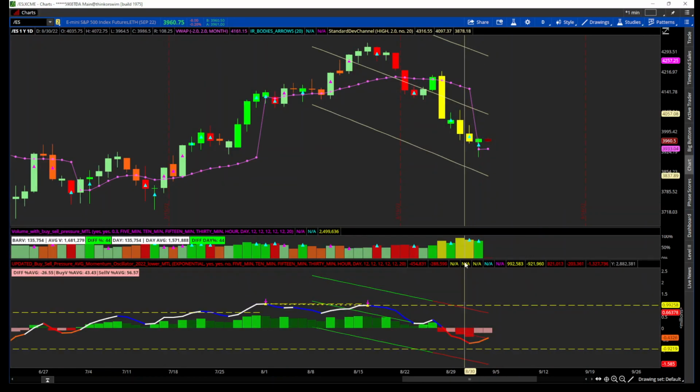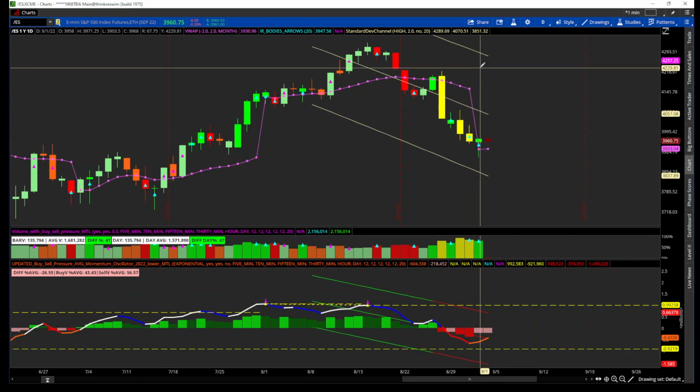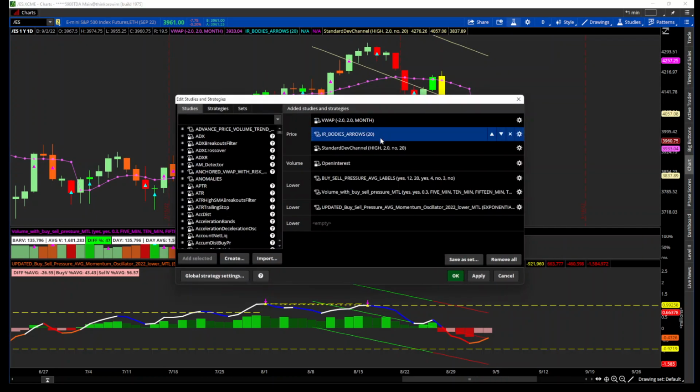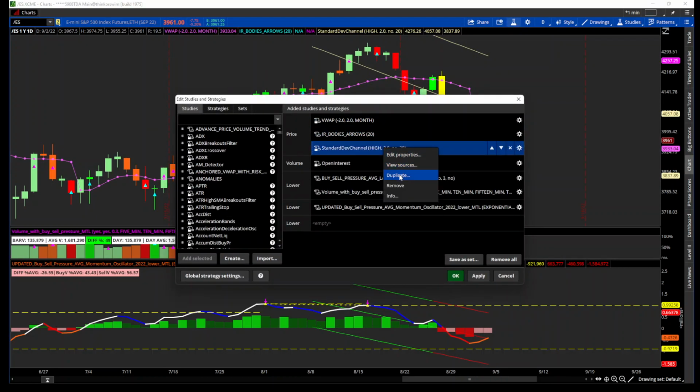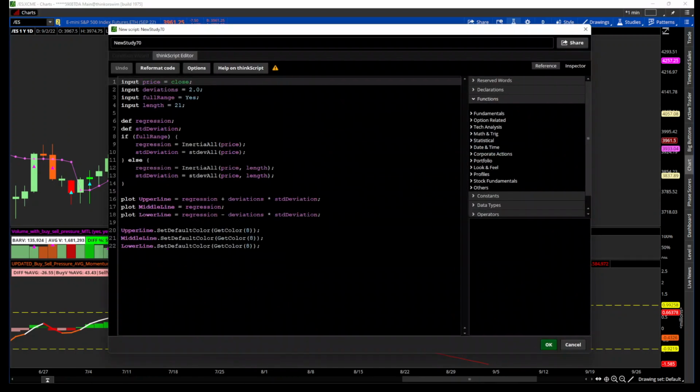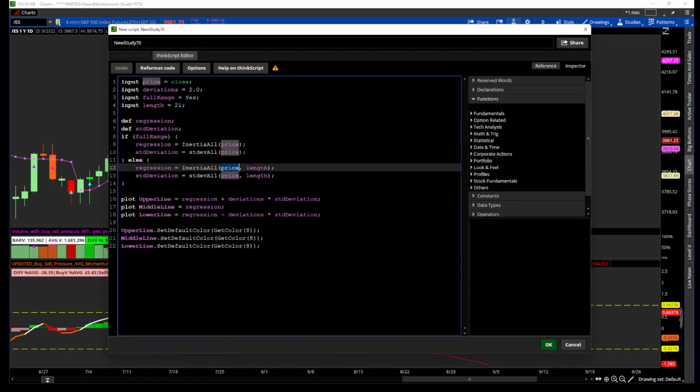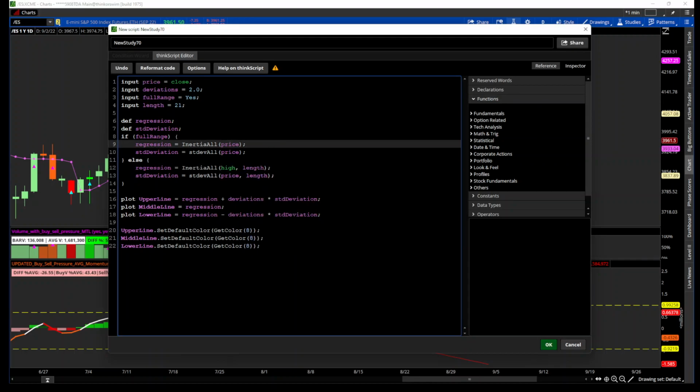So built into this is the Laguerre. I'll just show it to you. So instead of having price right here, I have high right here.